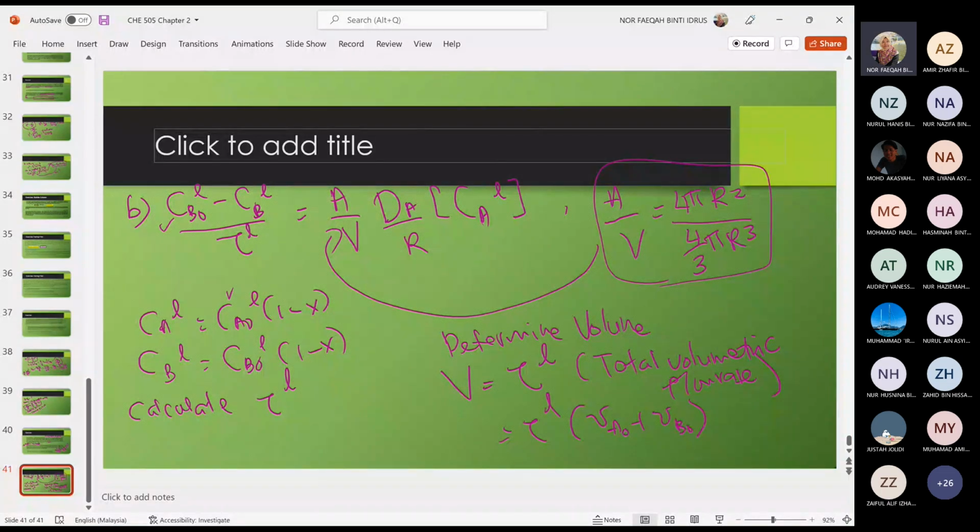So maksudnya 1 plus 9, 10. So this is the total volumetric flow rate. So dia tak boleh masuk only one value. So jadi salah lah, dia kena masuk both value untuk dapatkan ni. Because we consider the reactor volume is total volume including gas and liquid.